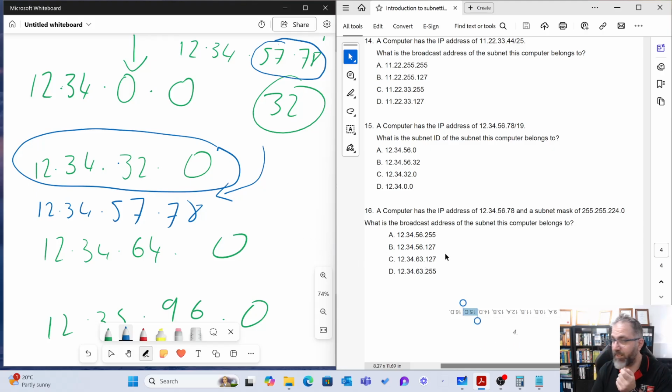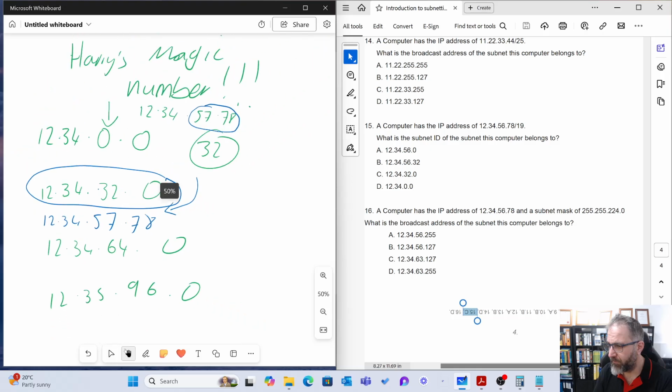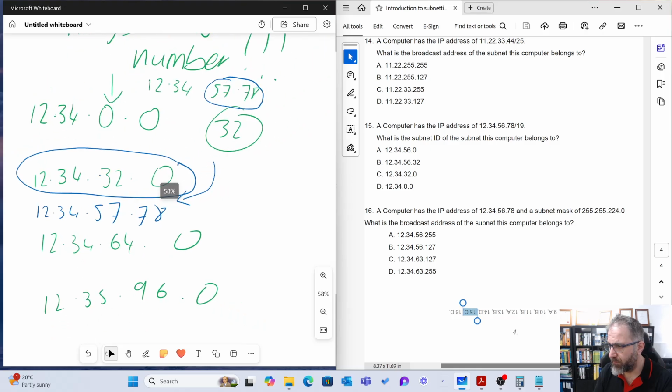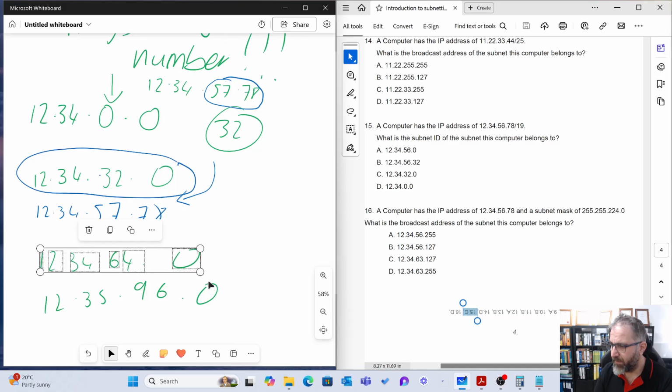Okay, lucky last. What is the broadcast address of this? So if I'm trying to move this down a bit, get a bit more space. We don't have to worry about these now because they're not part of the subnet.